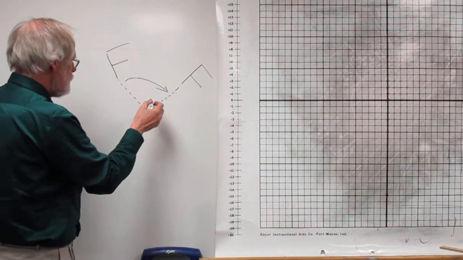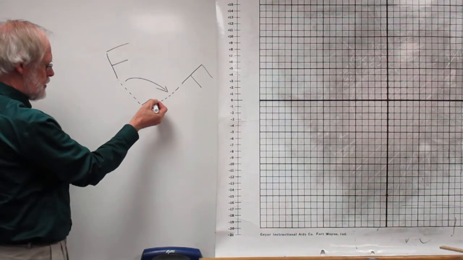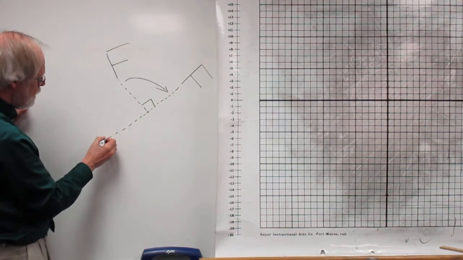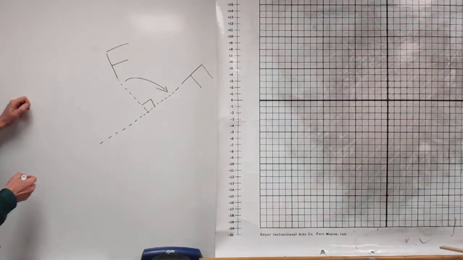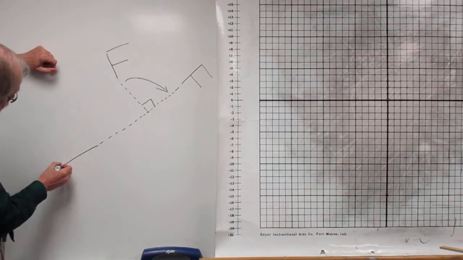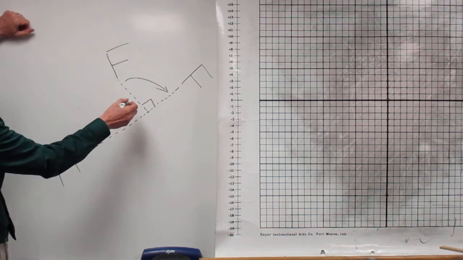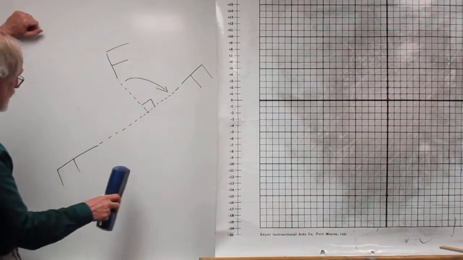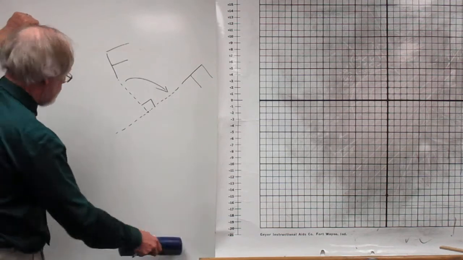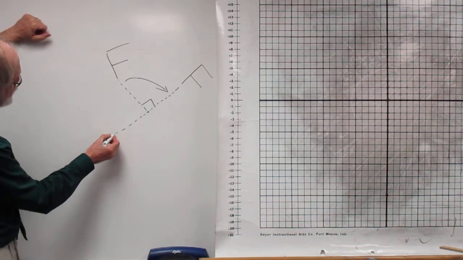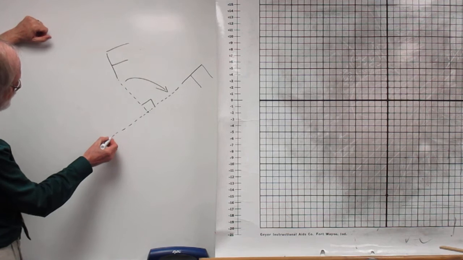Now, a counterclockwise rotation would take it this way, and I'm not sure I can do this. It would be like that. I really need to bring this up a little bit to make it look right, and maybe not make it quite so large. Let's see, that's about right.